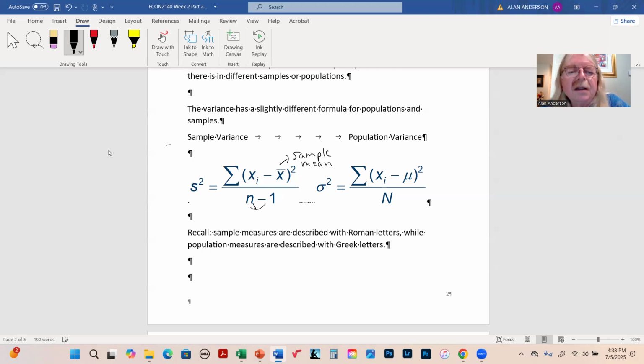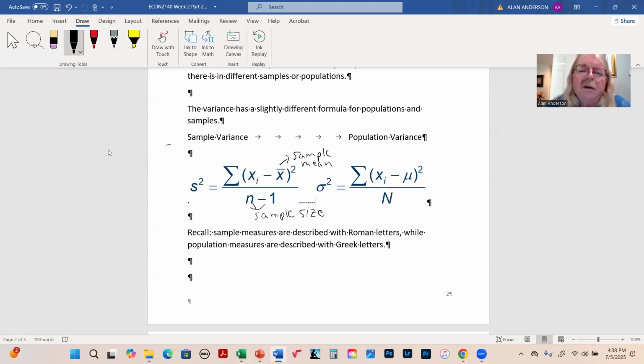N is the sample size. So what you're doing is you're taking the average, like I said, squared difference between each element of the sample and the mean. You square them and you divide by the sample size minus one. And that number is your sample variance.